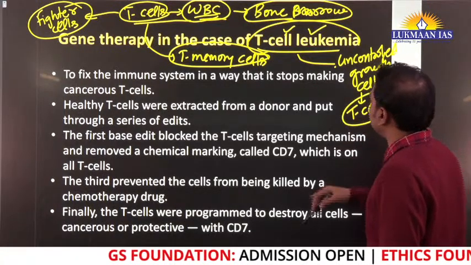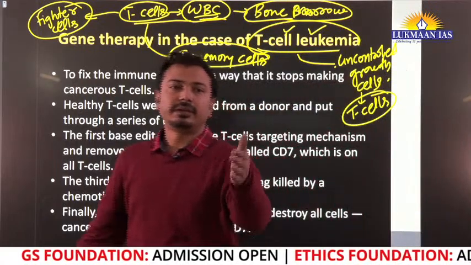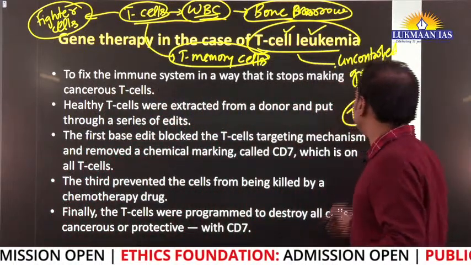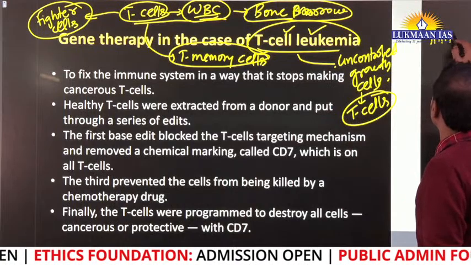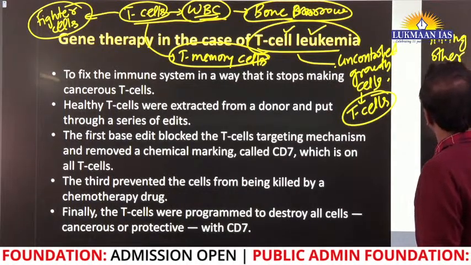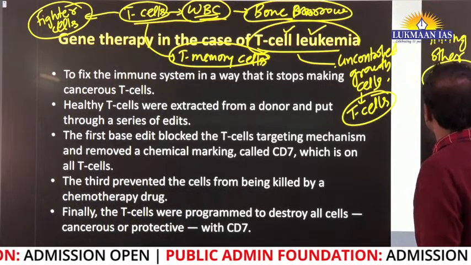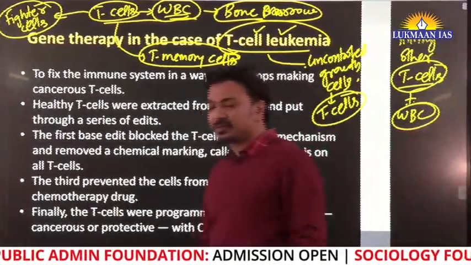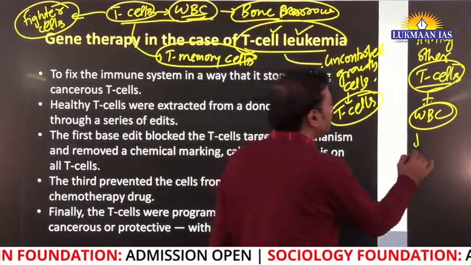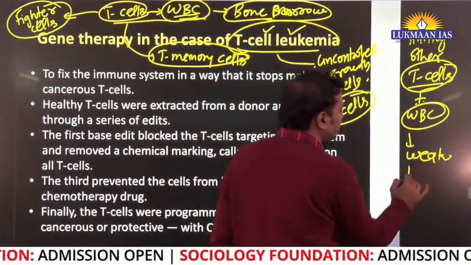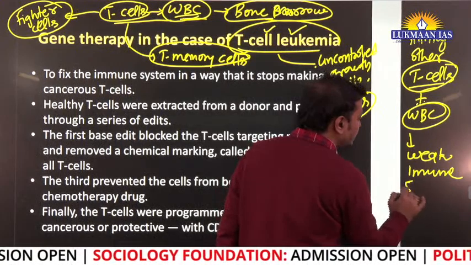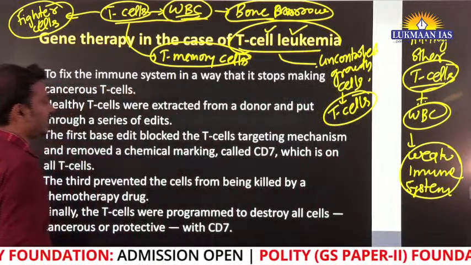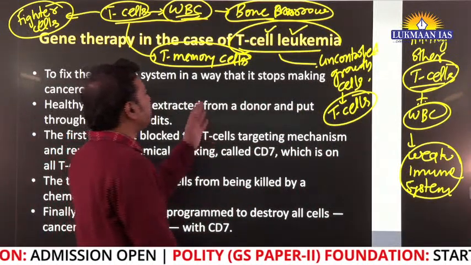In T-ALL, that is T cell acute lymphoblastic leukemia, some of the T cells are killing other T cells and white blood cells. Because of that, it results in a weak immune system. Because of that, the different organs are not working properly and the person may die. This is T cell leukemia.